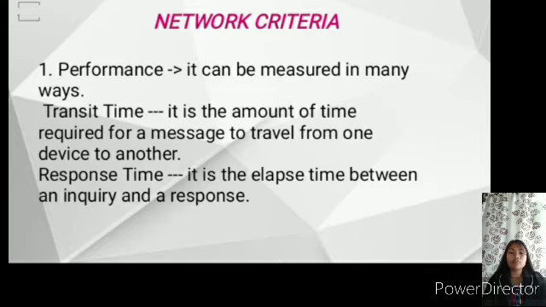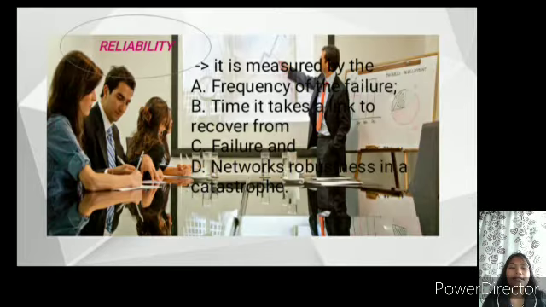Performance of a network, however, also depends on a number of factors such as the number of active users, types of transmission medium, capabilities of the connection hardware, and efficiency of the software, etc.